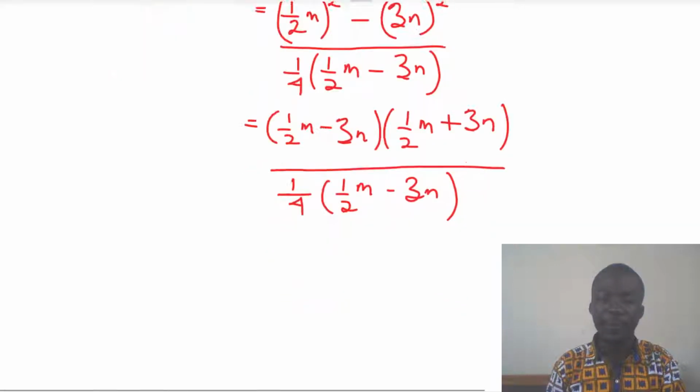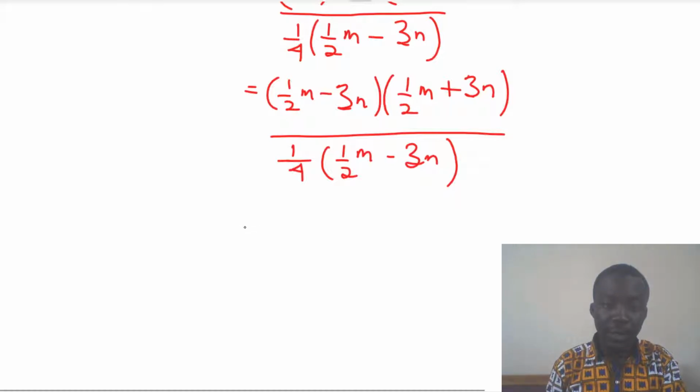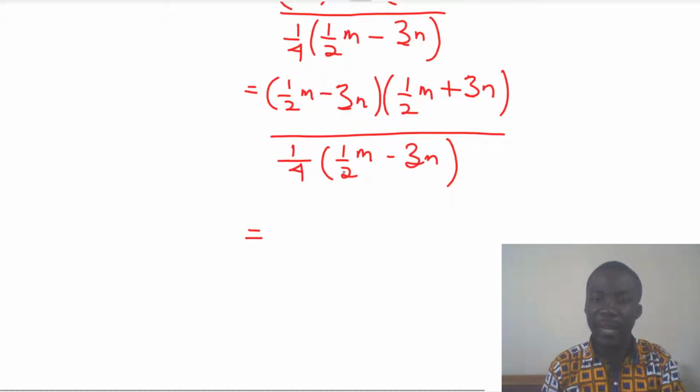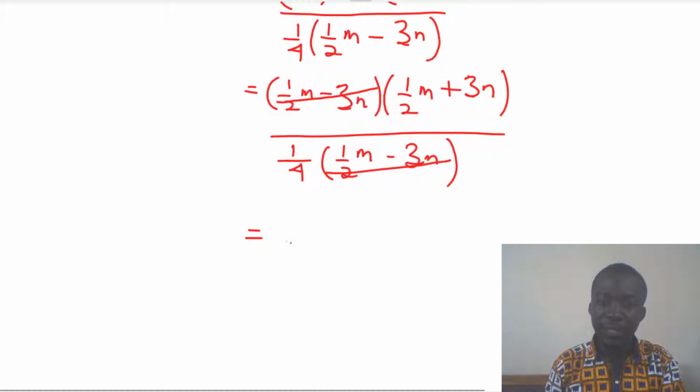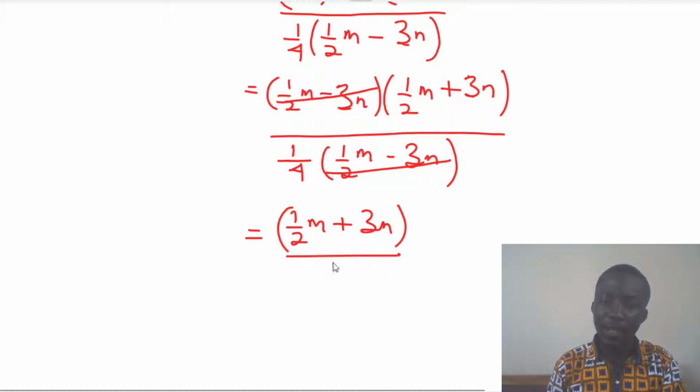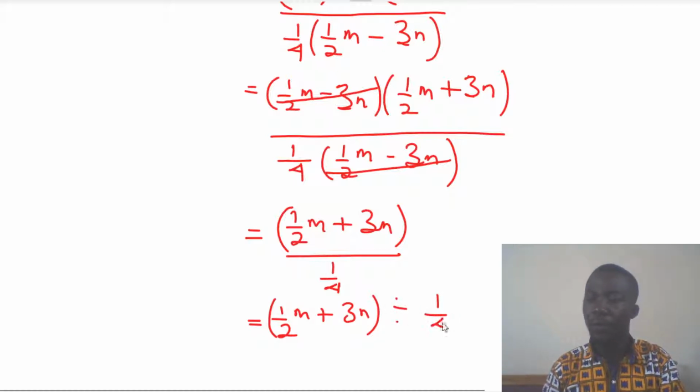When we look at the expressions at both the numerator and the denominator, we can see that 1 over 2m minus 3n can cancel this 1 over 2m minus 3n. Then at the end, we are going to get 1 out of 2m plus 3n divided by 1 out of 4. And we can also rewrite the expression as 1 out of 2m plus 3n in a bracket divided by 1 over 4.